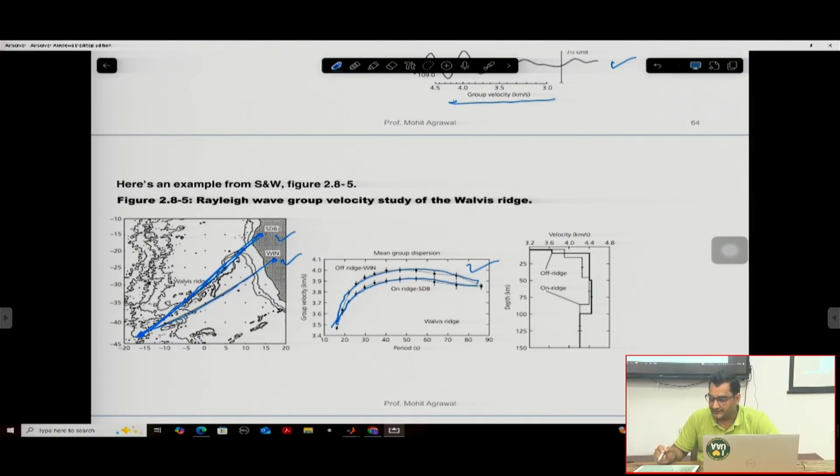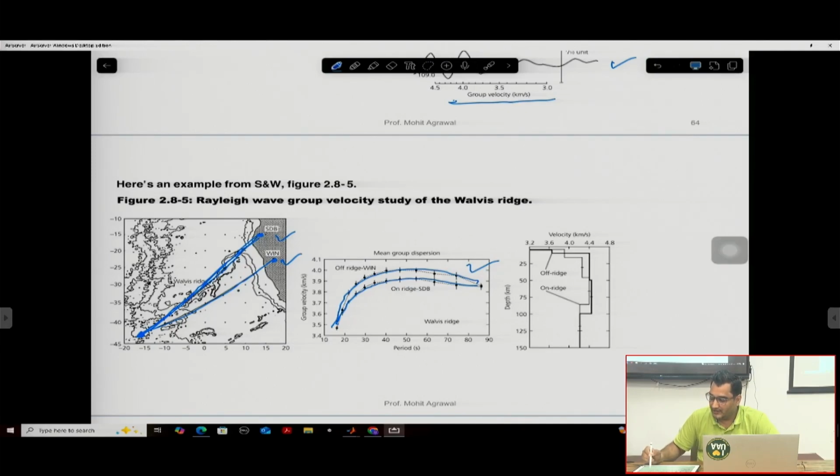Off-ridge dispersion curves are having higher velocities in comparison to the on-ridge dispersion curve. That means the on-ridge dispersion curve, because it has slower group velocities, is made up of some slower material, low velocity material. Okay, maybe some kind of hot spot is present there or something.